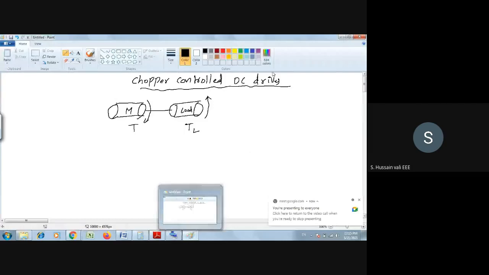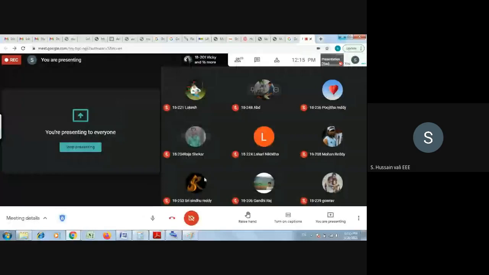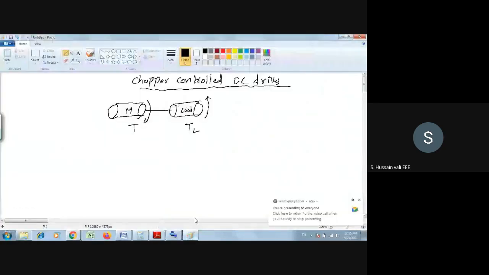You will connect the motor to the load. One example I will take is a washing machine. Inside the washing machine you have a motor. You put all the clothes inside, then give the supply.